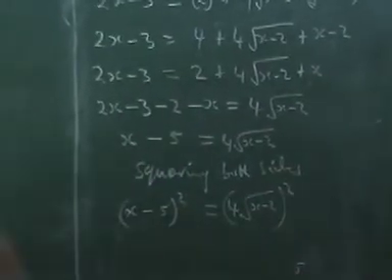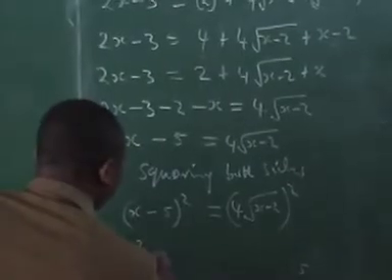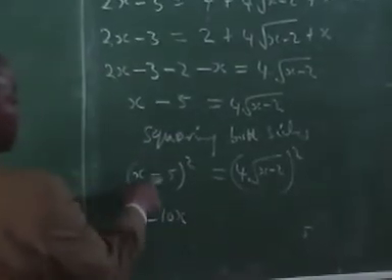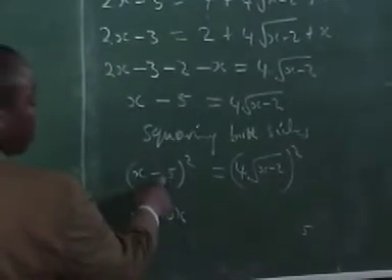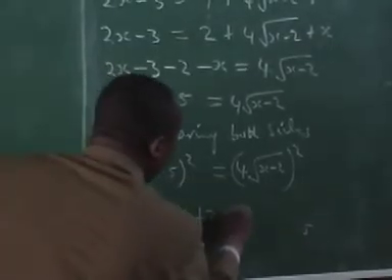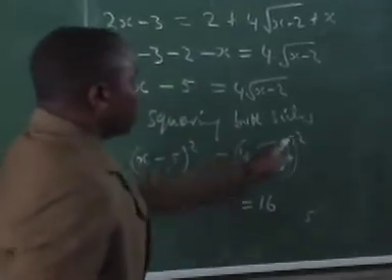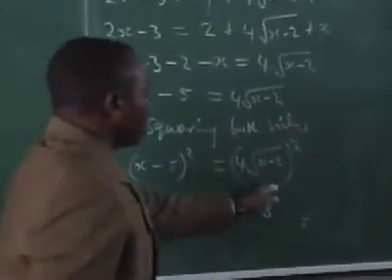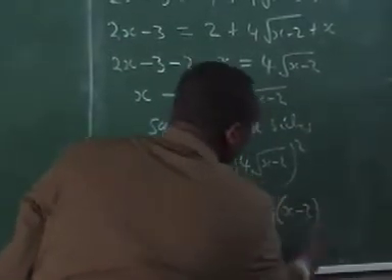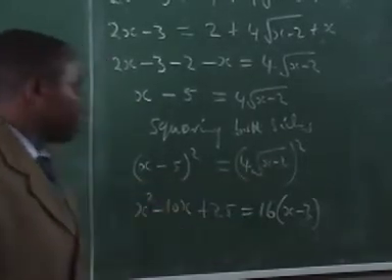And so what we will have here is x squared minus 10x, that is 2 times x times minus 5, plus 25 will be equal to 16. So this 4 is raised to the square, and then this one is also raised. So we'll have here x minus 2. Why? Because this square root times square root will give us this.